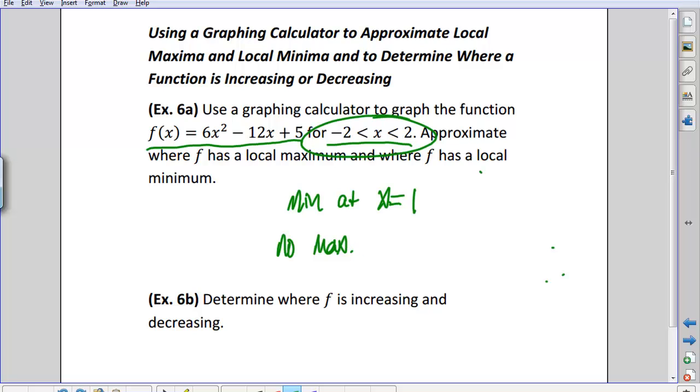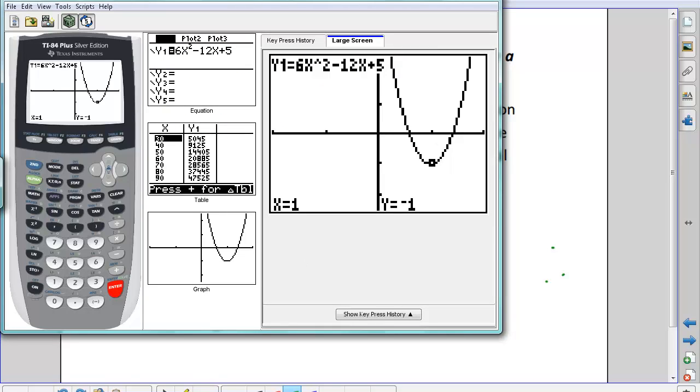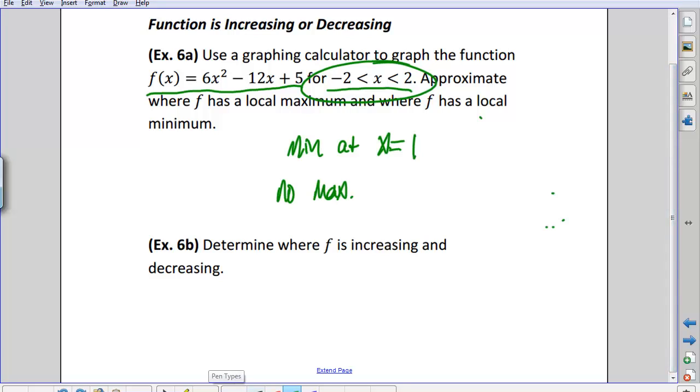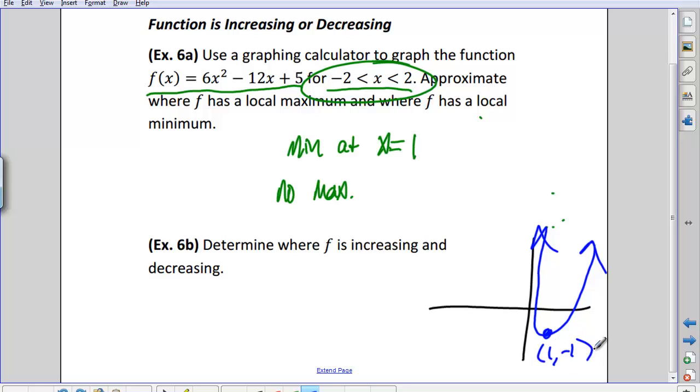Where is f increasing and decreasing? Okay, again, where is it increasing? Let me just sketch a quick picture of this graph here. It's this parabola shape. And this point right here is 1, -1. So it's increasing on the right hand side.